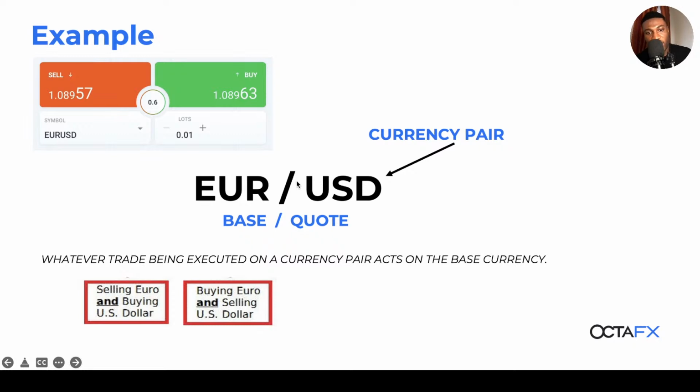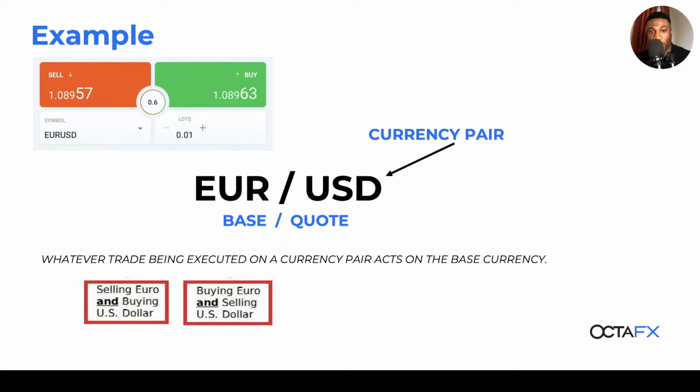Whatever trade is being executed on a currency pair acts on the base currency, right? What do I mean? If we are looking at the currency pair Euro USD right now, and I want to sell Euro USD, what am I doing? I am selling Euro to buy US dollar.